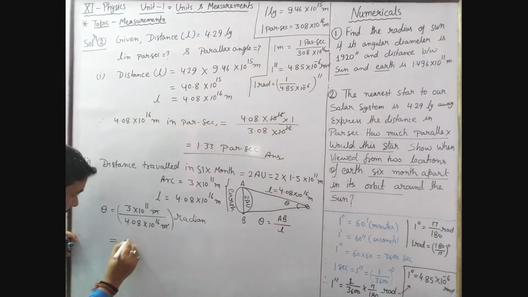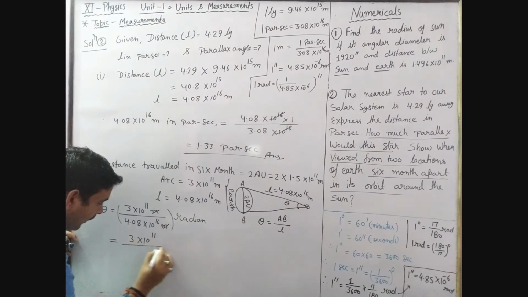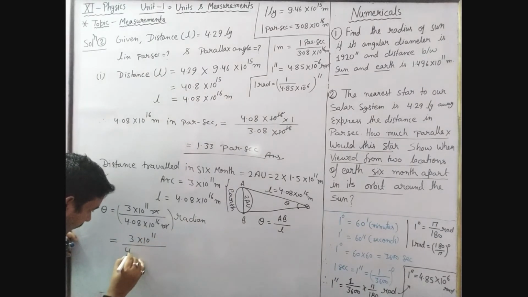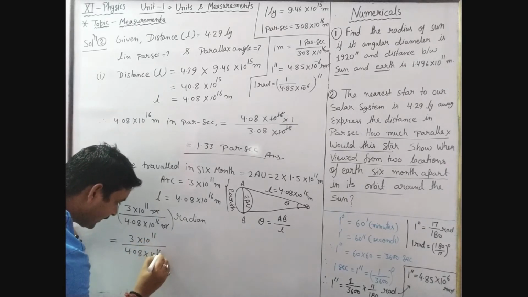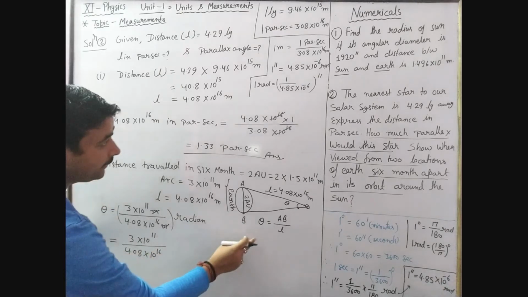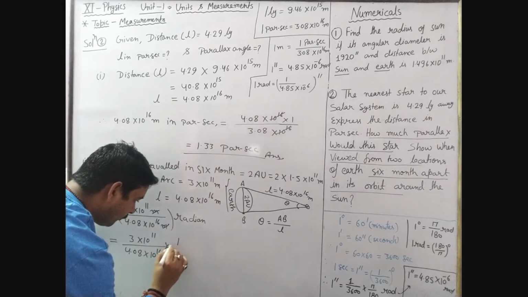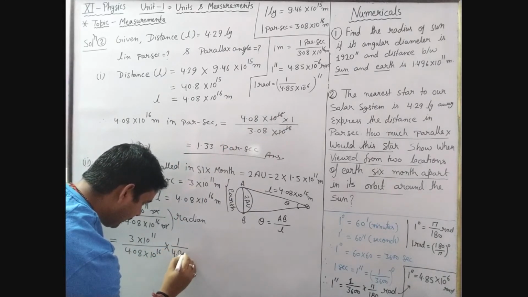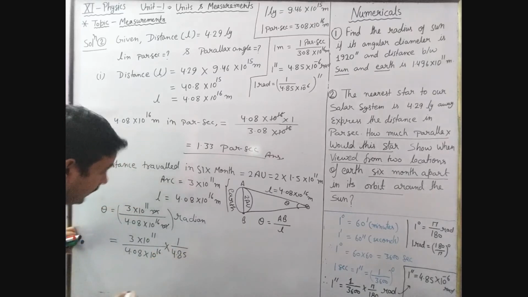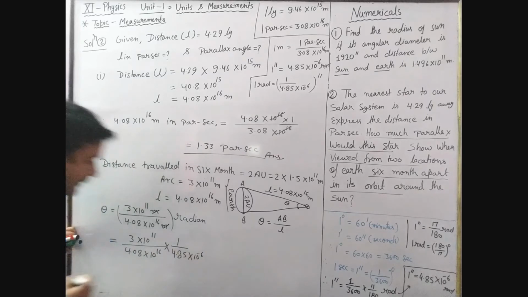Now this we solve. After that, 3 into 10 to the power 11 upon 4.08 into 10 to the power 16, and in place of radian, 1 upon 4.85 into 10 to the power minus 6. Clear?